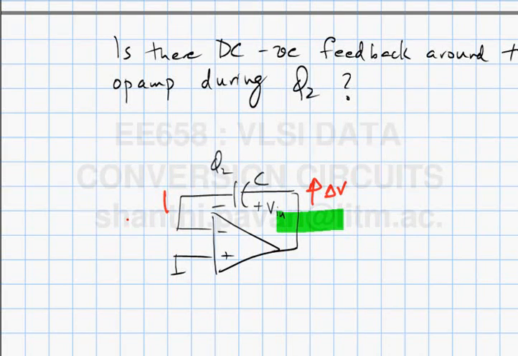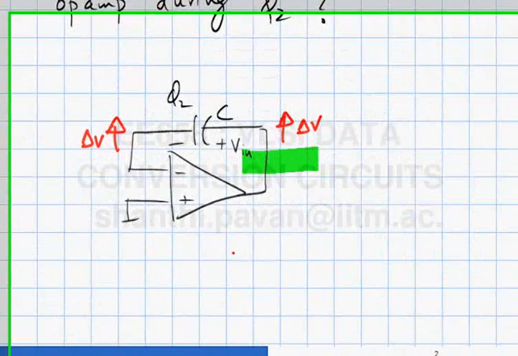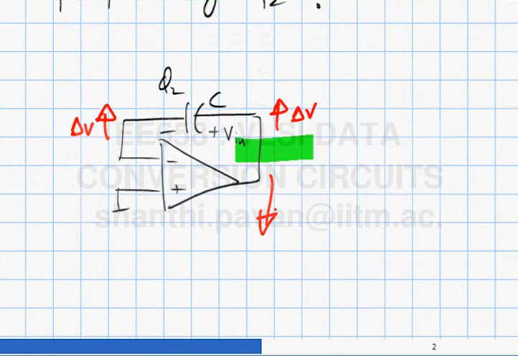The reason why charge on the capacitor will remain on the capacitor is because the op-amp input impedance is infinite. So if I yank one end of the capacitor up, the other end also must go up by exactly the same amount, right? So this also goes up by delta V. If this goes up by delta V, what happens to the output of the op-amp? Goes down by minus A delta V.